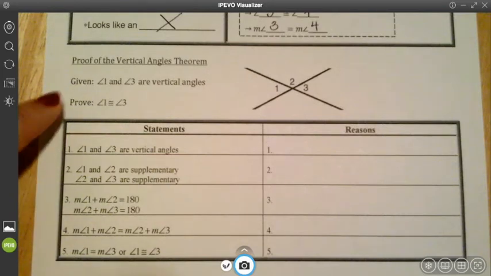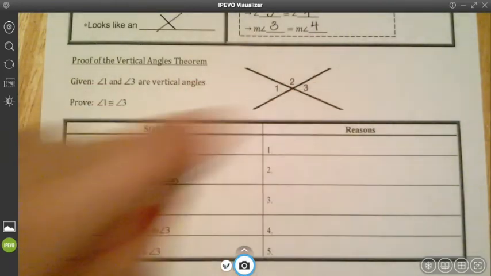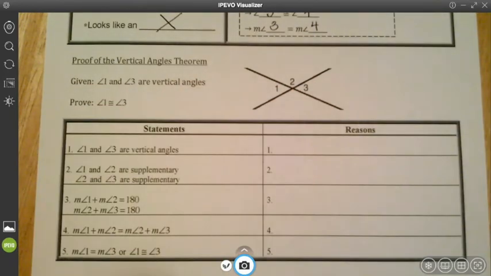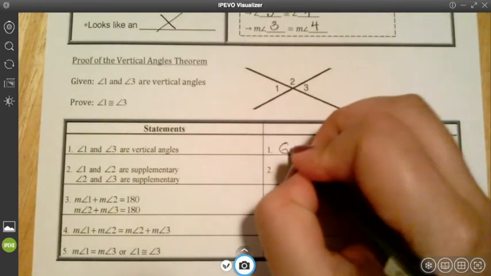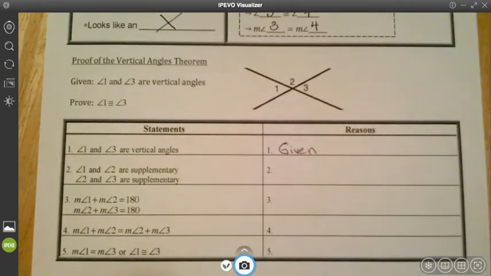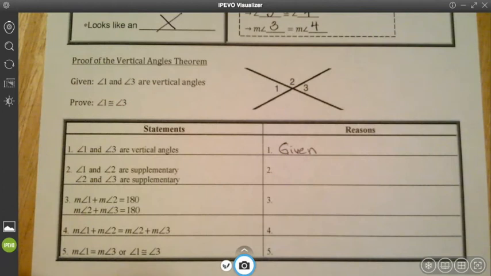So we're going to start with given angle 1 and 3 are vertical angles. So we're identifying them as vertical angles, and what we want to do is prove that they're congruent. So step 1, angle 1 and angle 3 are vertical angles. That's what was given to us. So this is us defining what a vertical angle is. And then we say, okay, well, if angle 1 and angle 3 are vertical, we would like to prove that they're congruent.